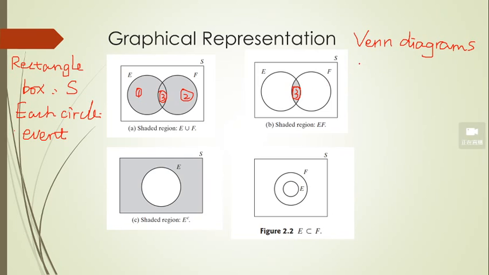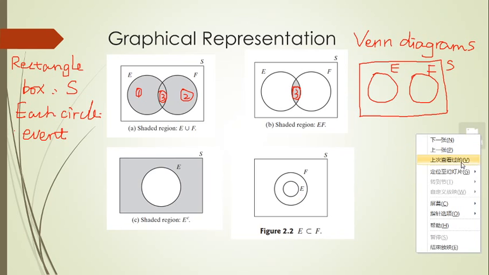For example, as we said, if we have two separate circles, E and F, let me change to a different color.